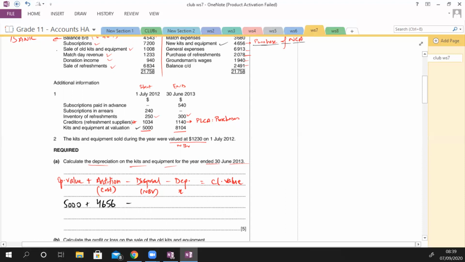What you sold was sold for 1008, but its value was 1230. So you take 1230 minus depreciation, being the missing value, is equal to closing value, 8104. Then please solve the equation and the value of depreciation will be here.